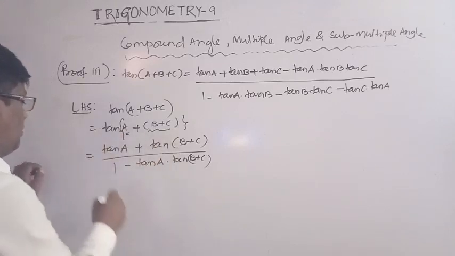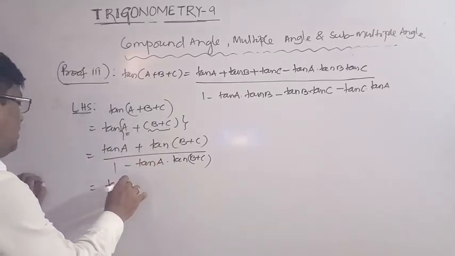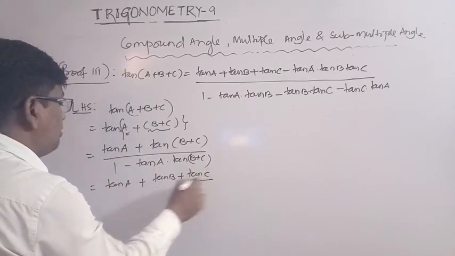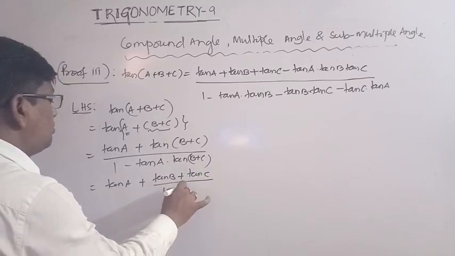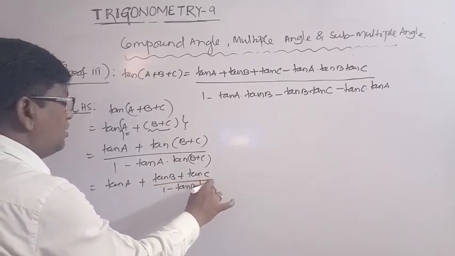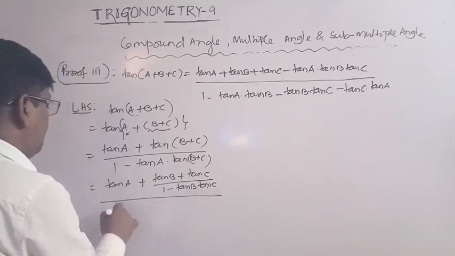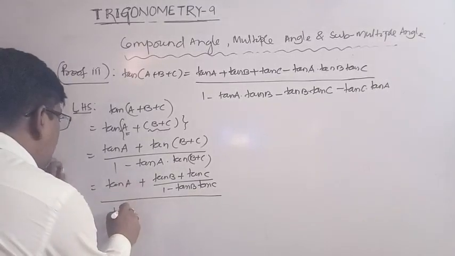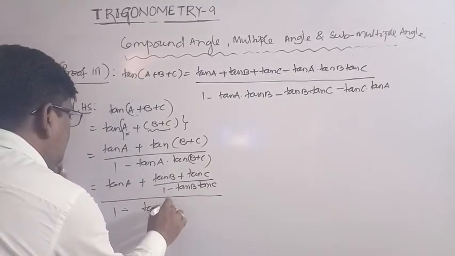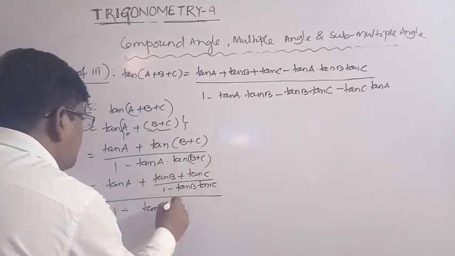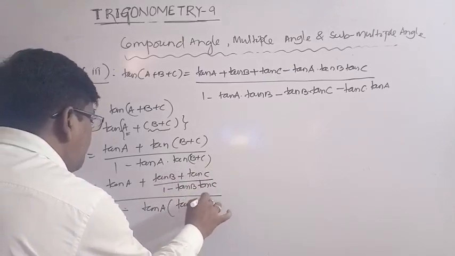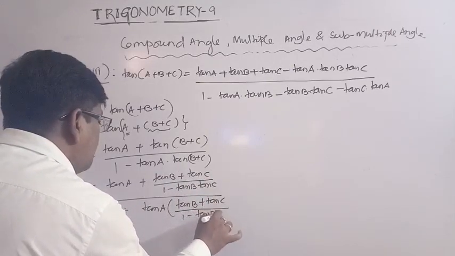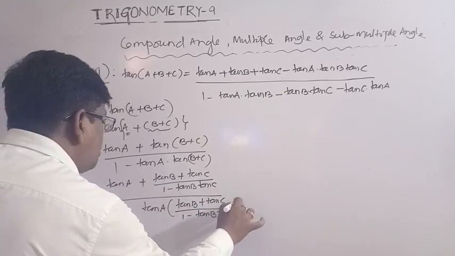Again expand this. So we get here tan a plus what? Tan b plus tan c divided by 1 minus tan b into tan c, whole divided by 1 minus tan a into tan b plus c formula, so tan b plus tan c by 1 minus tan b into tan c.